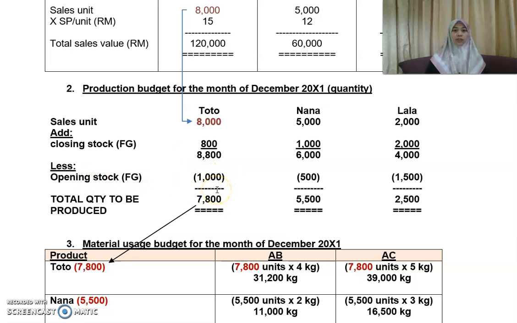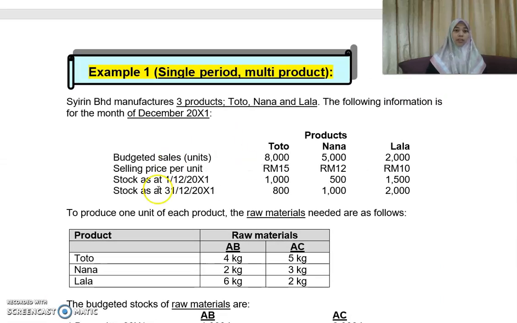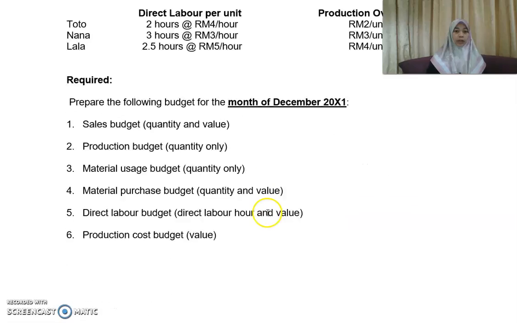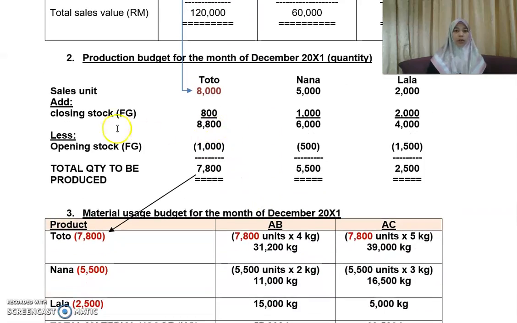Where do you get all these figures? From the question. You are given the opening stock of 1,000 for Toto, and the closing stock for Toto is 800. So add your closing stock, less your opening stock, as we have explained before. 8,000 plus 800 gives you 8,800, less your opening stock, then you arrive at the total quantity to be produced.